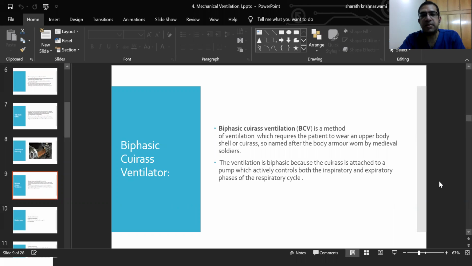Later, what came was the biphasic cuirass ventilation. This was a process by which the patient has to wear an upper body shell or cuirass, and it was named after the body armor worn by medieval soldiers. The ventilation is biphasic because the cuirass is attached to a pump which controls both the inspiratory and expiratory phases of the respiratory cycle.